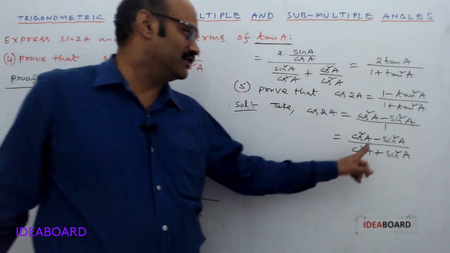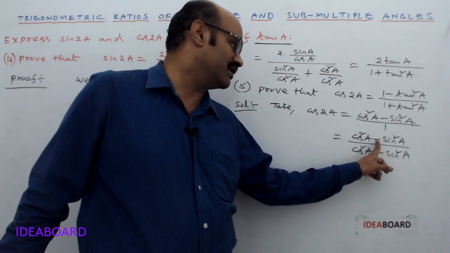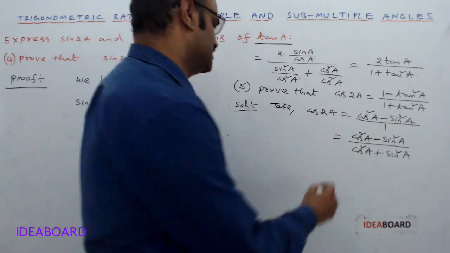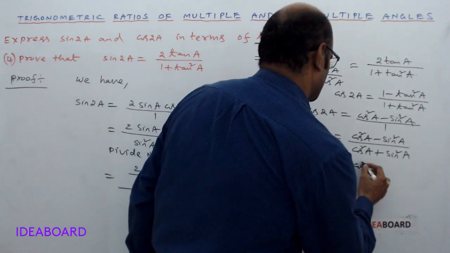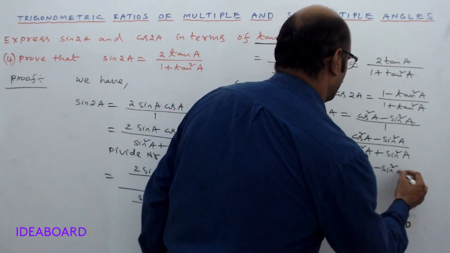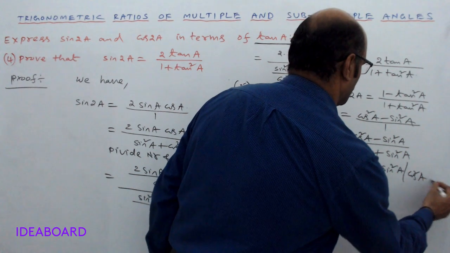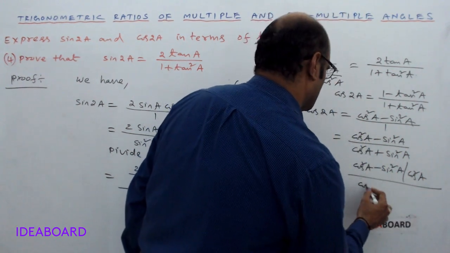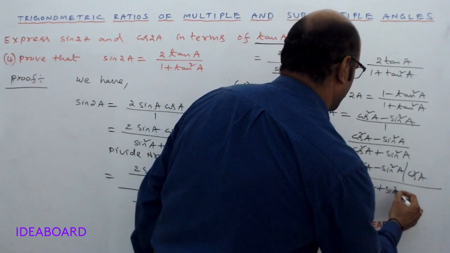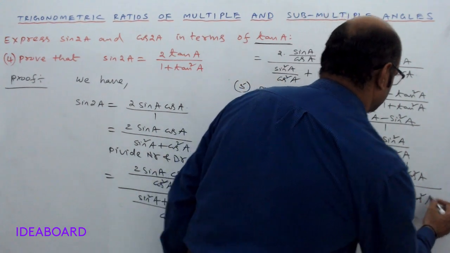Now divide numerator and denominator by cos square A. So it's equal to (cos square A minus sin square A by cos square A) whole divided by (cos square A plus sin square A by cos square A).